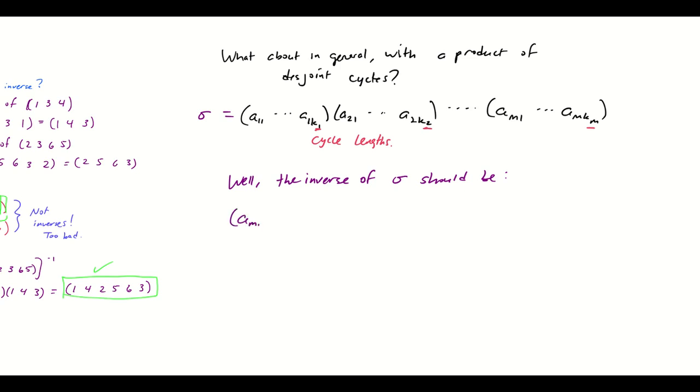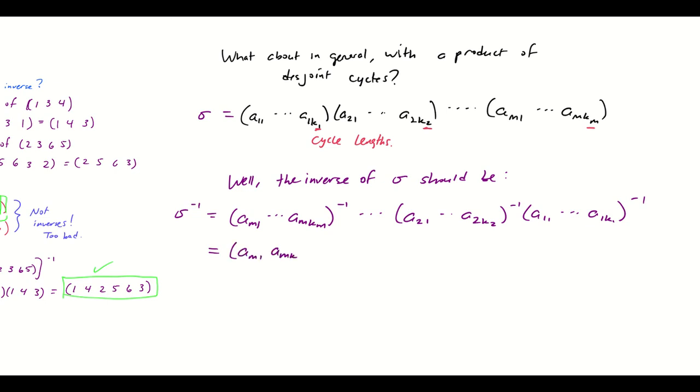So it's this. I'm just going to write down the cycles and say I'm inverting them first, and then I'll come back and actually do the inverting. And then the inverse of each of those cycles should be AM1, AMKM, on down to AM3, AM2.